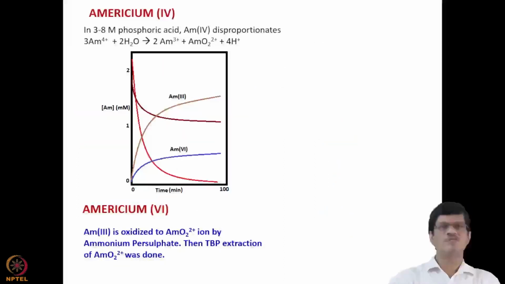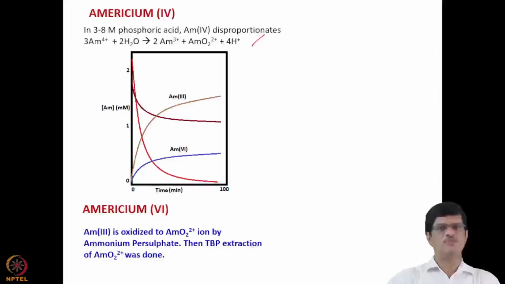Americium 4: as I have already mentioned in previous classes, the most stable oxidation state of americium in aqueous solutions is the +3 state. Now americium 4 formation is very difficult because it immediately disproportionates at low acid concentration, as shown here: 3 Am4+ plus 2 H2O going to 2 Am3+ plus AmO2 2+ species.